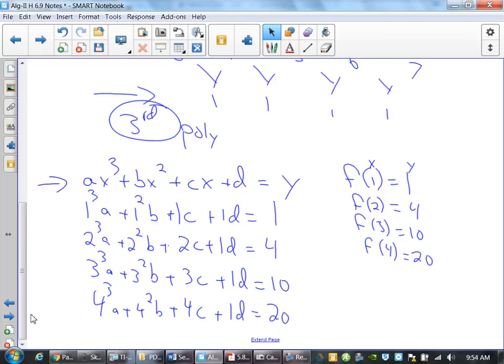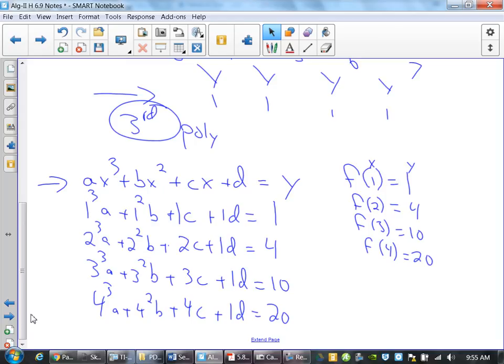So let's see, 1 cubed is 1. 8, 4, 2, 1. 27, 9, 3, 1. 4 cubed is 64, correct?